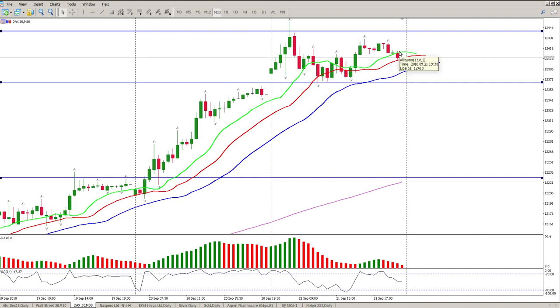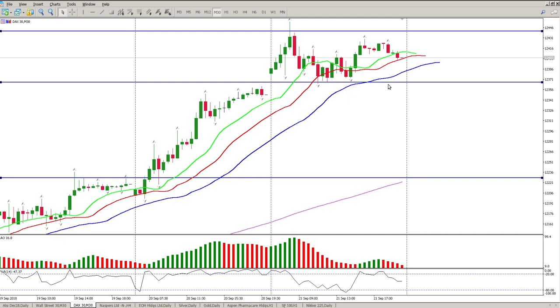So what we're looking for is a move down. And if I look at the DAX futures market right now, 12,360, which is below this level at the moment. This level right here is 12,367, and futures is 12,365 at the moment, so we are slightly below this.